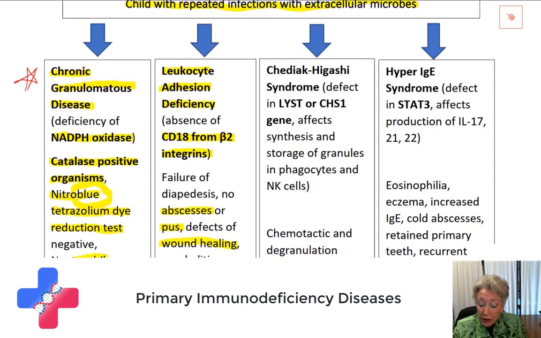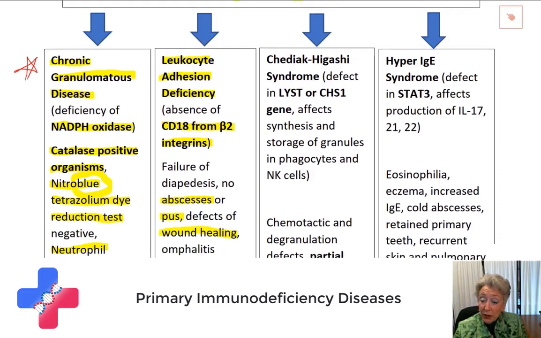Now, the other two in this chart are much less frequently asked, and I'm going to suggest to you that for Chediak-Higashi syndrome, it's a defect in a gene that affects the synthesis and storage of granules. So remember that it's going to affect both my phagocytes and my natural killer cells.